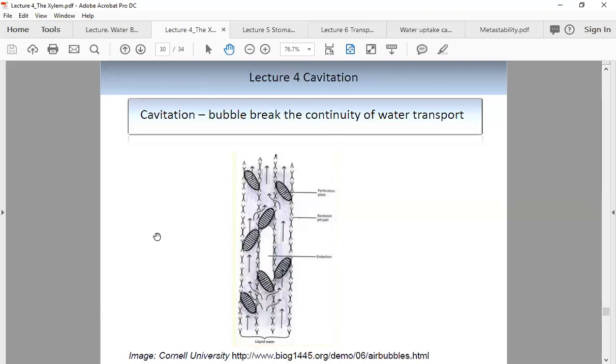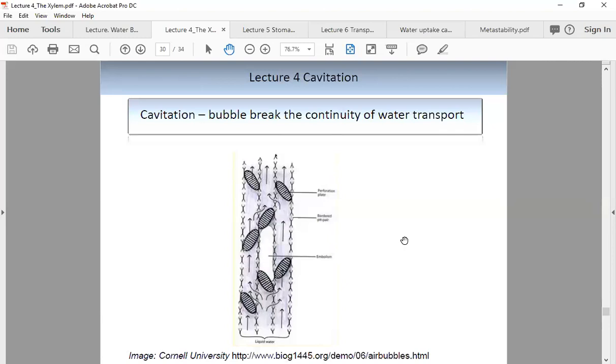Exactly right, dissolved gases are not very soluble in ice. So freezing of the xylem sap, the xylem water, can actually lead to bubble formation, so that when thawing takes place, you have all these bubbles forming in the xylem sap. That's how cavitation, absolutely, frost damage, yes.